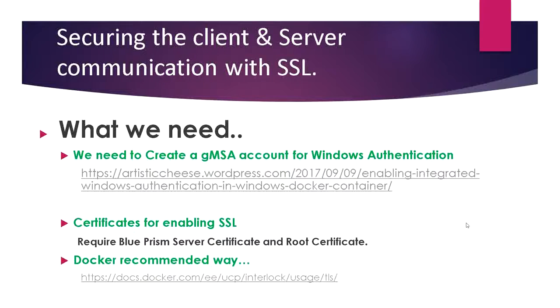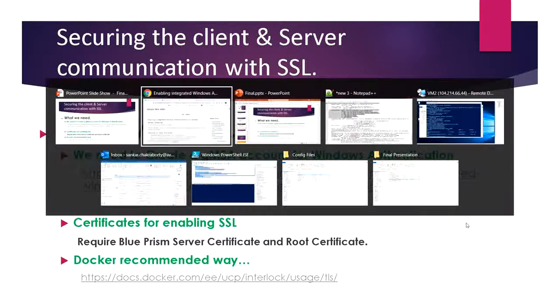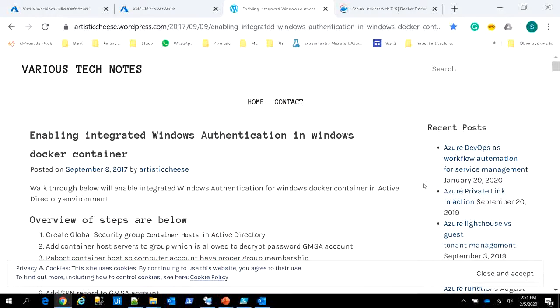This is specifically for Windows containers. For SSL, you need to have a certificate authority and certificates created. Docker has very good documentation related to that, and I believe you should refer to the sites I have given in this slide. Let me show you the websites as well because sometimes people get confused.